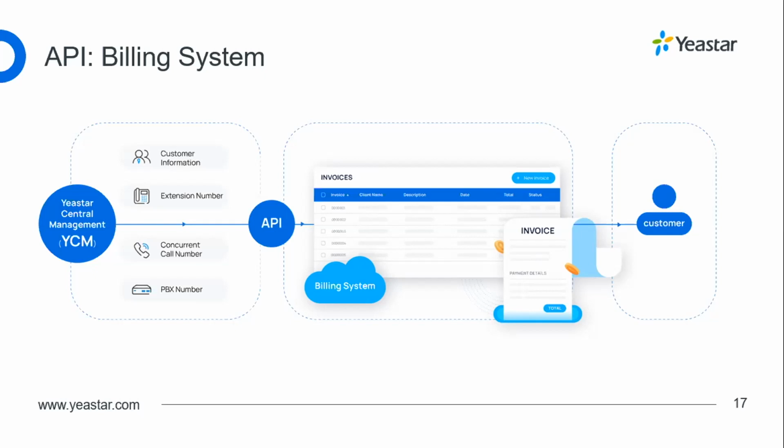So I'm probably going to use my billing system. Well, that's also possible to make work. We can integrate the YCM with our billing system, and we can get the invoice and the billing report automatically. It's going to be much easier for us to manage this business model and run the business, right?